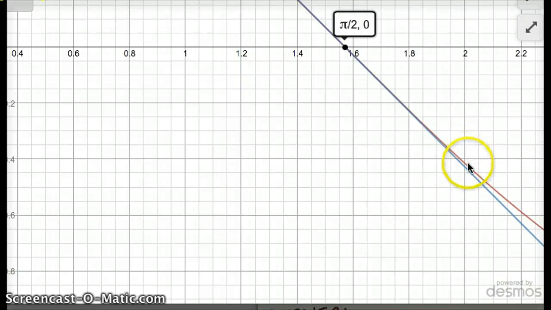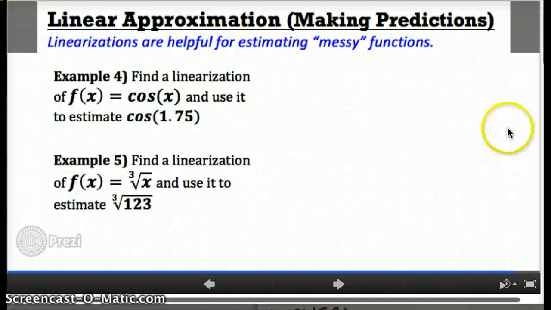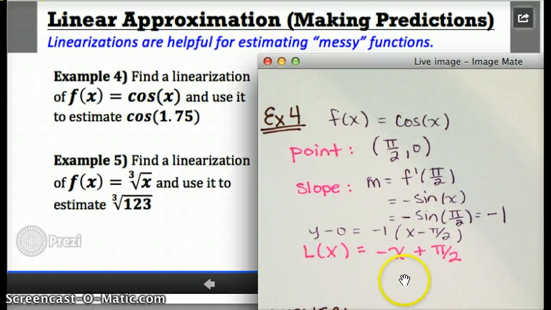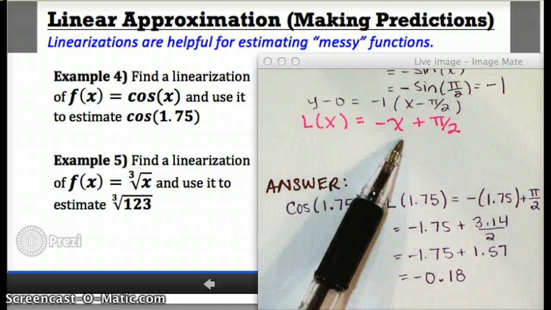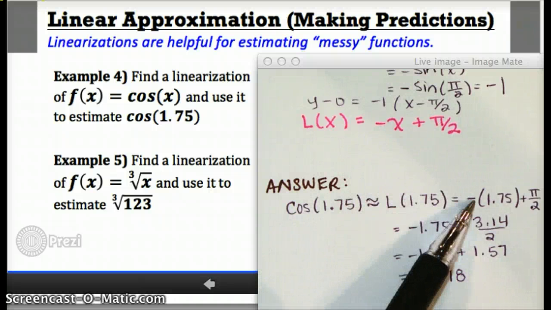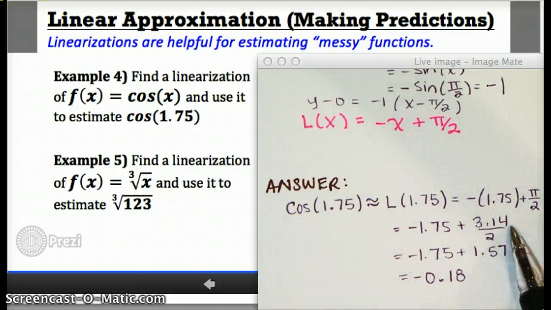So to estimate the red line, which you can see is really close to the blue line, we're going to go ahead and plug in. Since I can't plug in 1.75 to cosine in my head, I plug in 1.75 to the linear function. It looks like this. Notice I estimated pi, and I come out with an answer of -0.18.